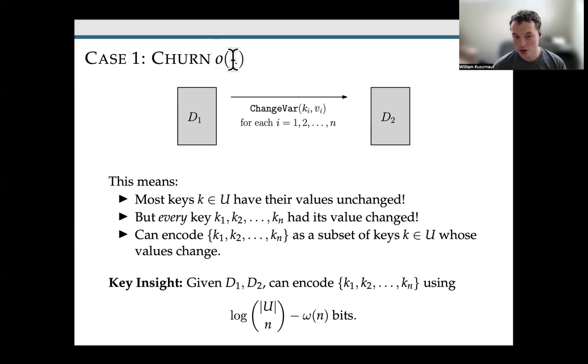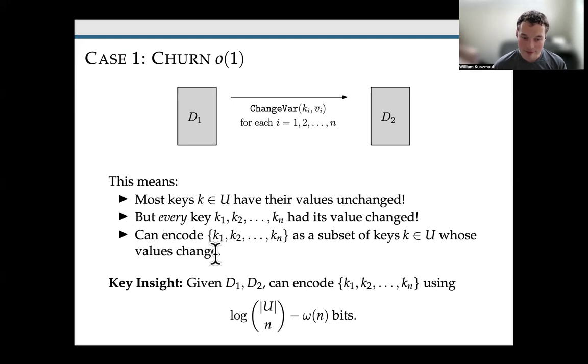We're going to assume that the churn is little o of 1. And what that means is that most keys in the universe have their values unchanged between D1 and D2. But remember that all of the keys that are actually in our data set, the n keys we actually care about, their values do change between D1 and D2 because we changed them.